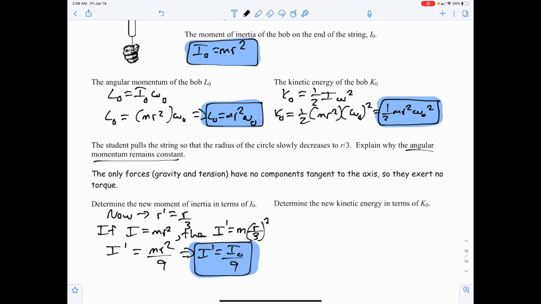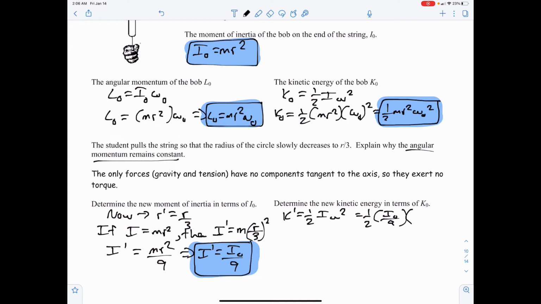Determine the new kinetic energy in terms of that. Well, we'll call it kinetic energy prime. That's going to be equal to 1/2 times I omega squared. But that's 1/2 times our new I, which is I naught over 9, times our new omega squared. Now what's going on with the omega?